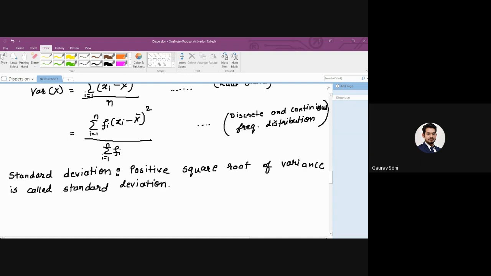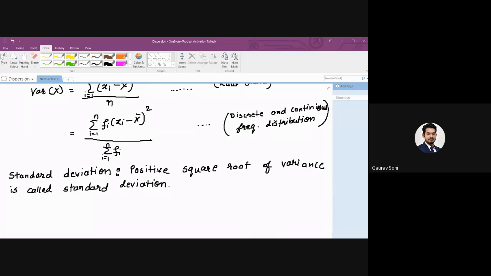Look, we cannot take it as it is. If the question is asked, define standard deviation, you cannot simply state in the exam that it is a positive square root of variance. The way you will have to give the definition is the positive square root of the mean of the squares of deviations taken from the arithmetic mean.